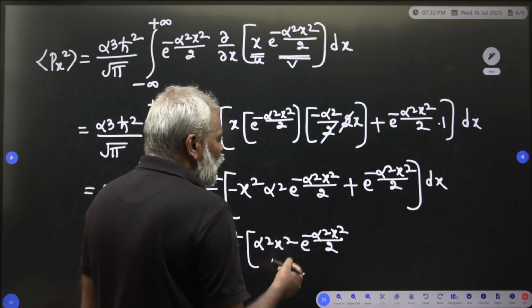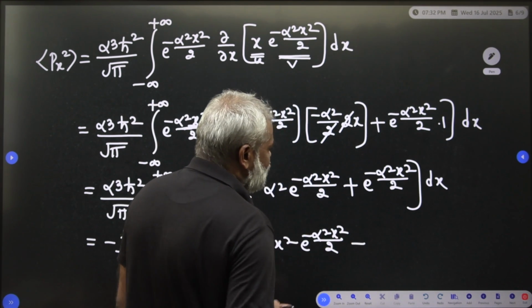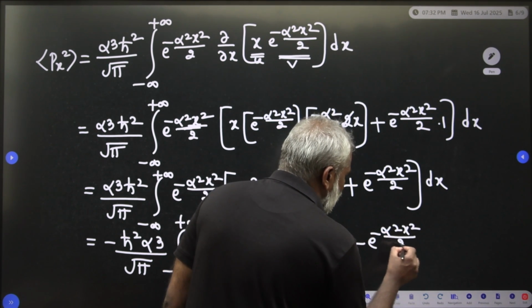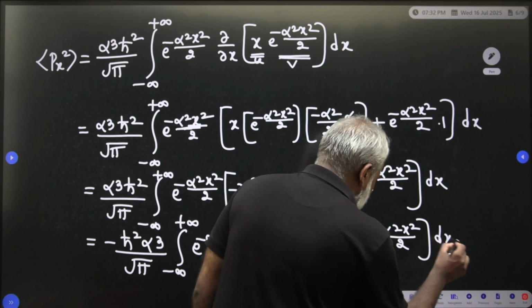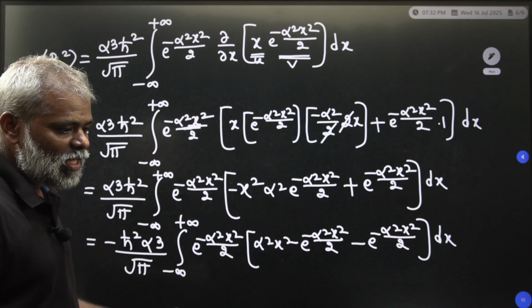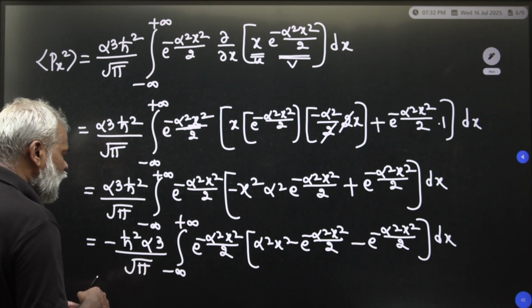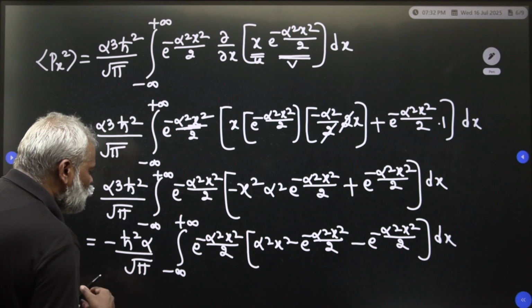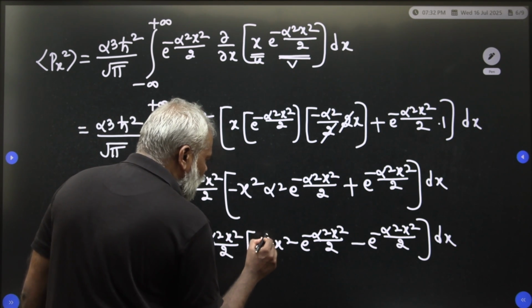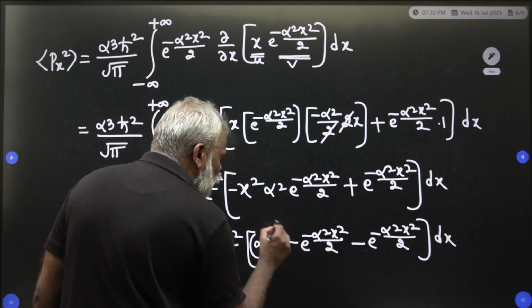Again you are able to take it as minus e to the power of minus alpha square x square divided by 2 into dx. Again I am rearranging. Alpha cube you have to take as alpha into alpha square, where this is alpha square whole square.